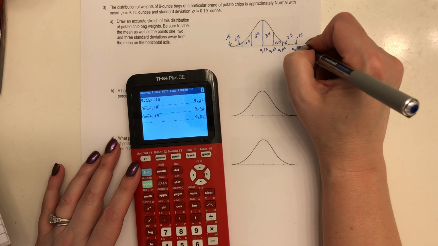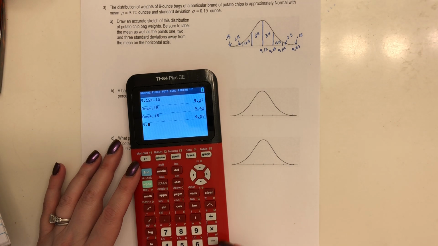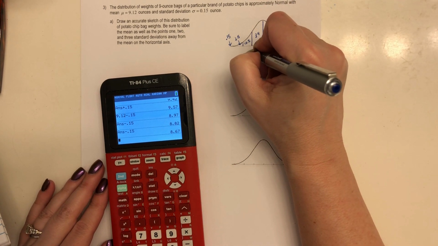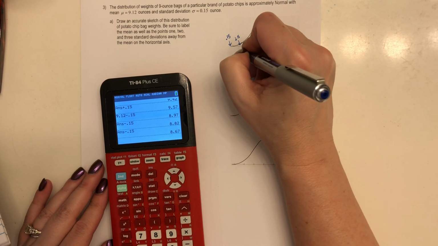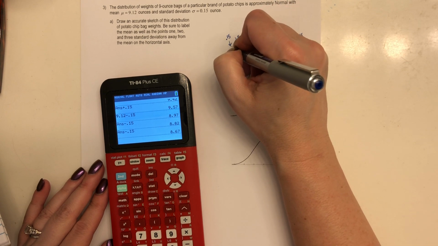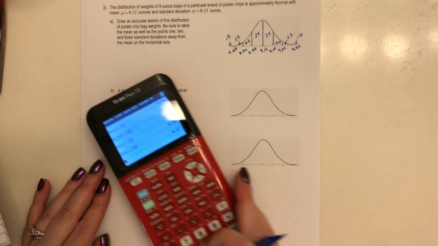That's 9.57. Okay, going the other way. 9.12 minus 0.15 minus 0.15 minus 0.15. So I've got 8.97, 8.82, and 8.67. So there's my sketch.